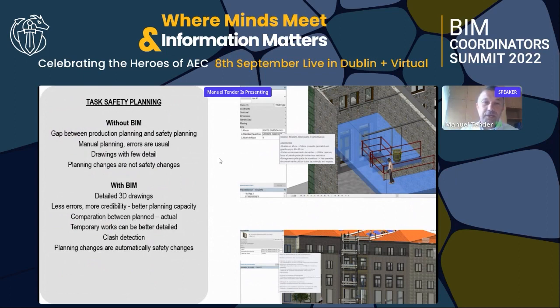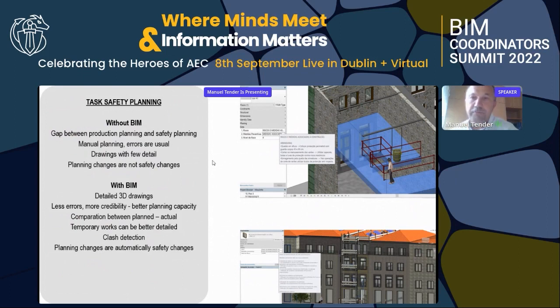But if I use the 3D model, I get fewer errors, there's more credibility in the information, I have a better planning capacity, I can compare what is planned with what is actual, the temporary works can be better detailed, I get clash detection, and if my construction manager makes a planning change, it automatically becomes a change in the model in terms of safety.